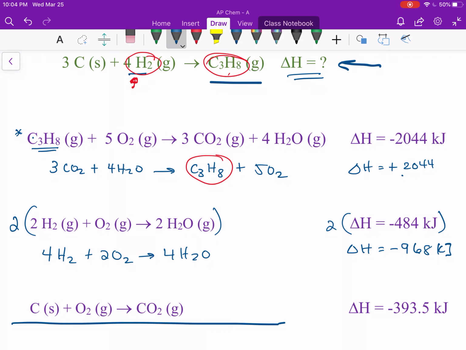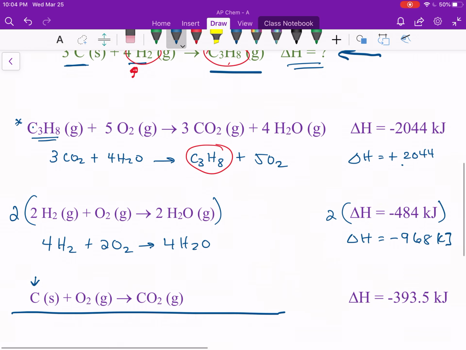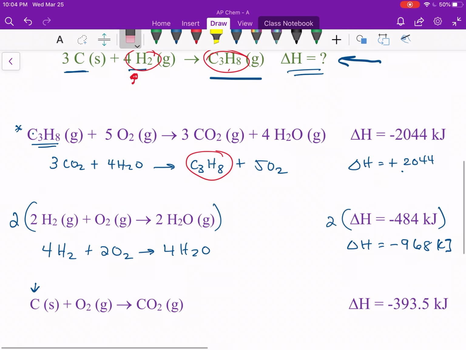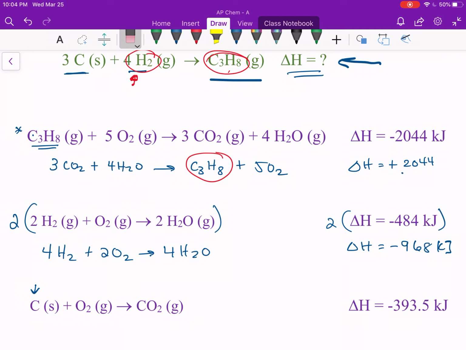The last one, ooh, we have C left up there that we haven't accounted for. Hey, this is the only source of C. And so for this last one, you guessed it, we're going to have to multiply by 3 in order for us to have that. And so we're going to take this and multiply this by 3.